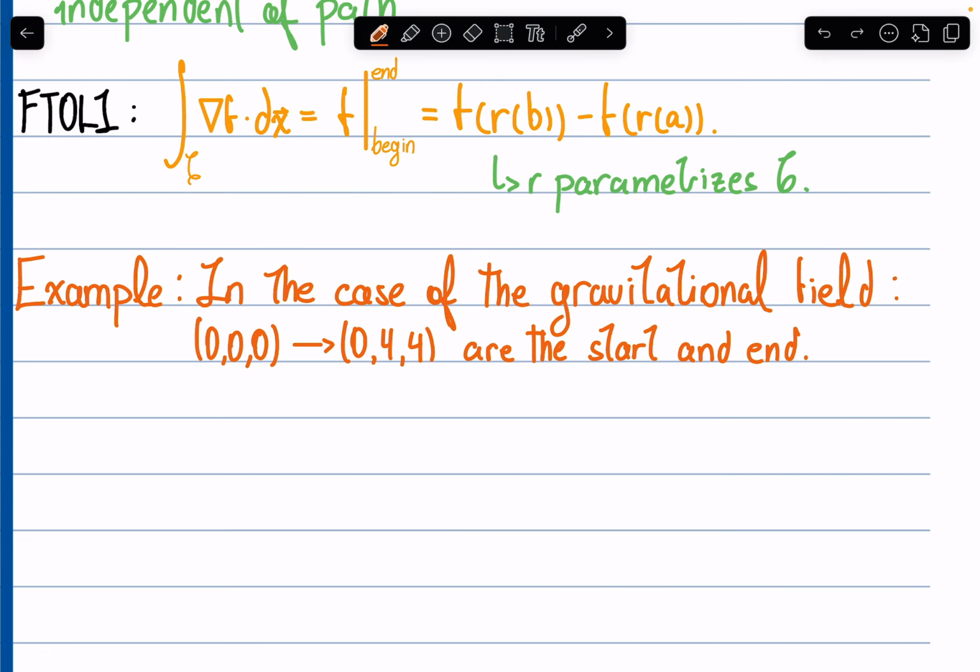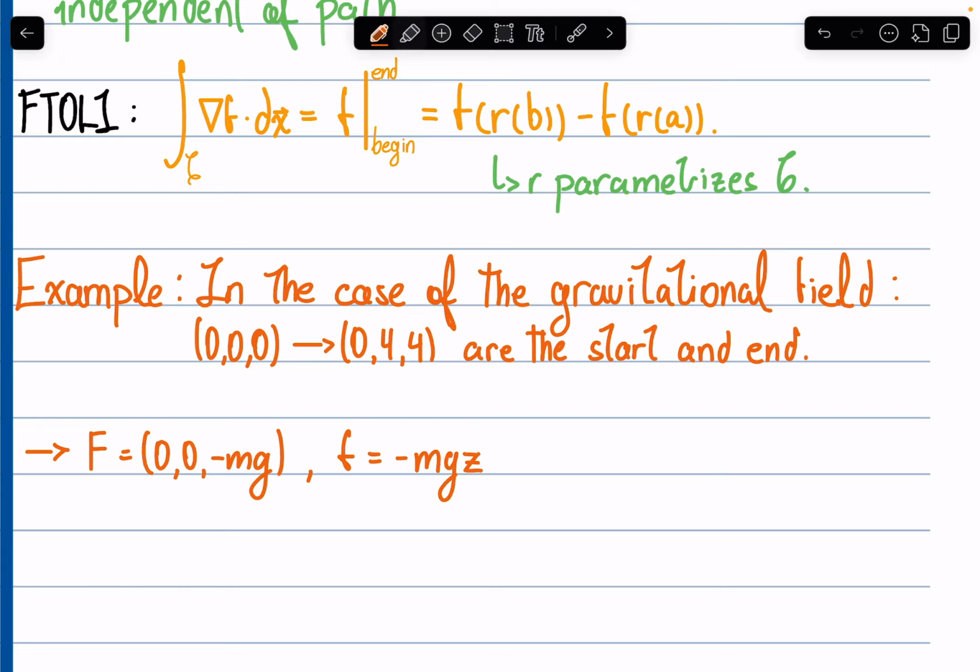Let us see how this applies to the gravitational force field. In the previous example, the gravitational force field was F equals 0, 0, negative mg. It is not immediately clear how we will find the potential function for this vector field, but let me tell you that the gravitational potential is the function negative mgz. It's a linear function.